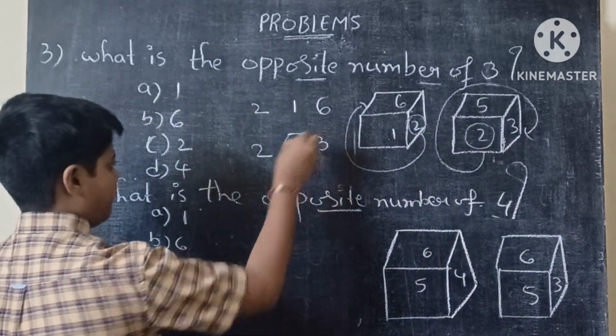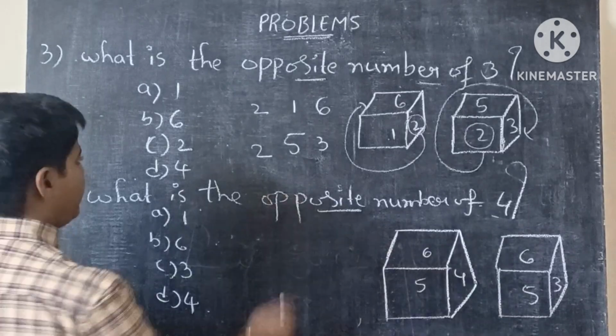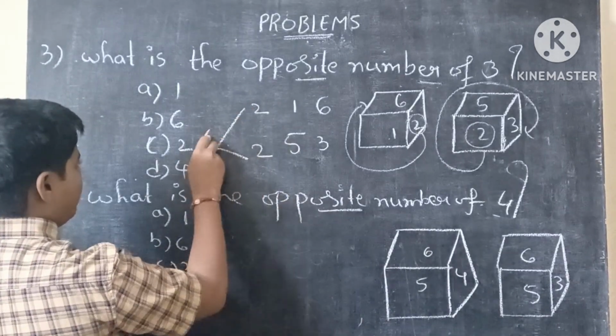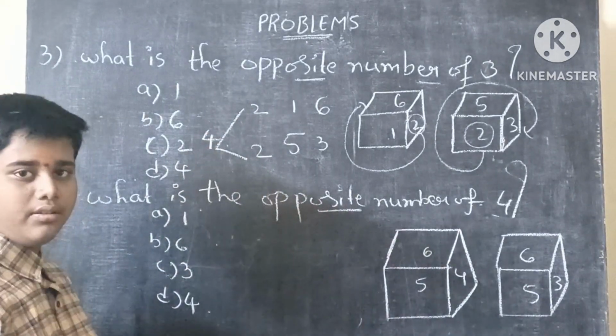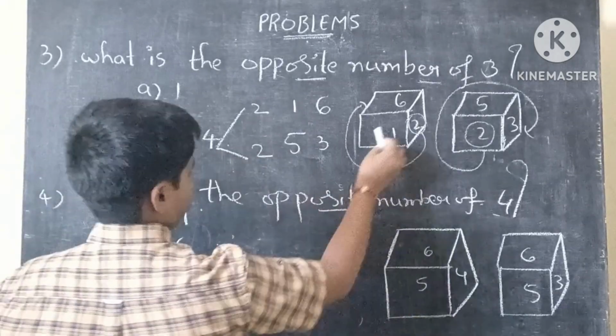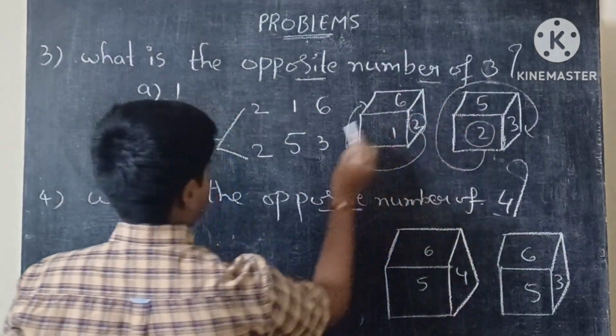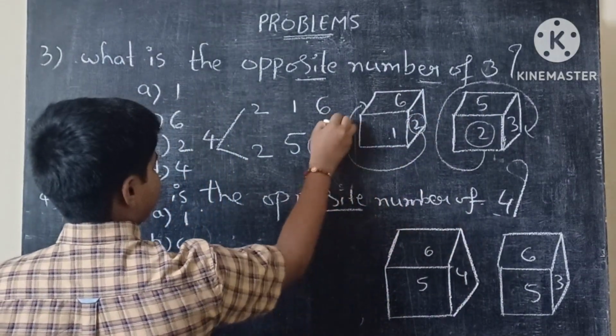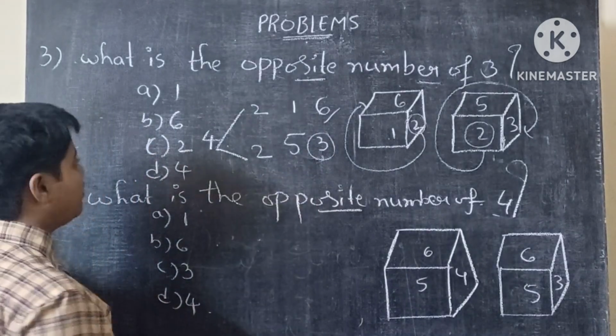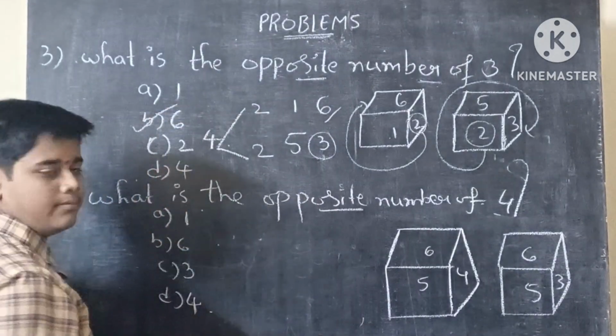The remaining number is 4. Write like this. They are asking to find the opposite number of 3. The opposite number of 3 means 6. So option B is the correct answer.